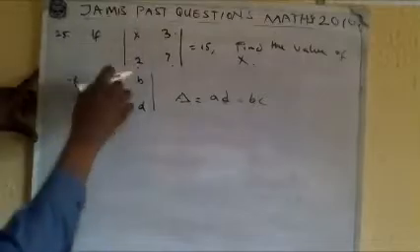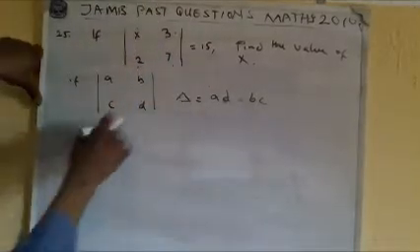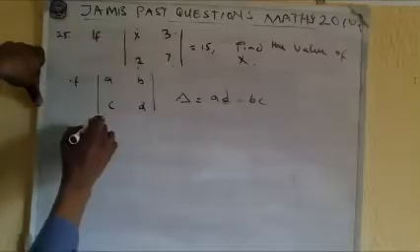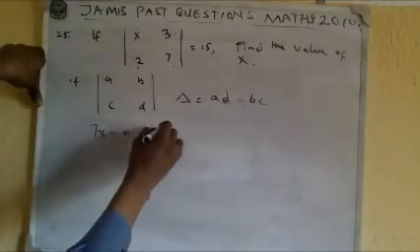For this one, they are giving the determinant as 15, but they say you should find what x is. So just apply that principle. x times 7 is 7x, minus 2 times 3 is 6, is equals to 15. This is the equation.